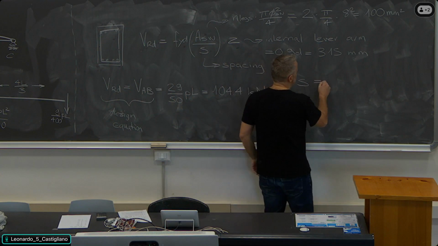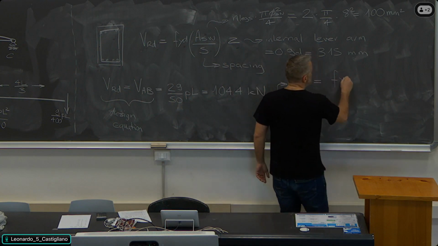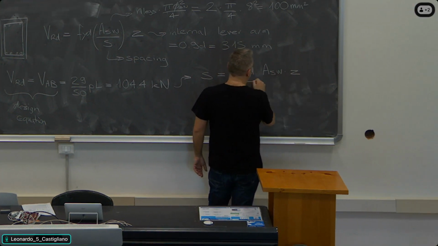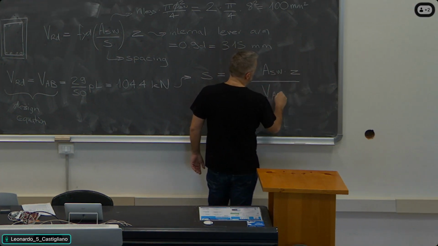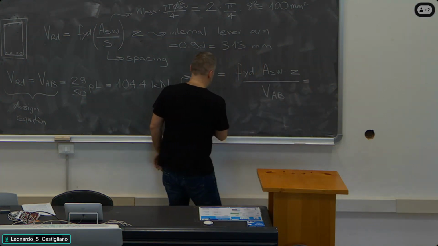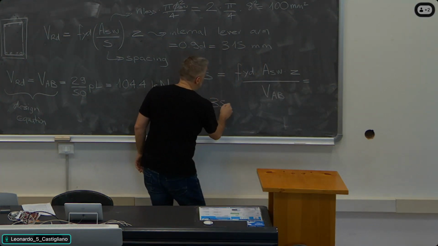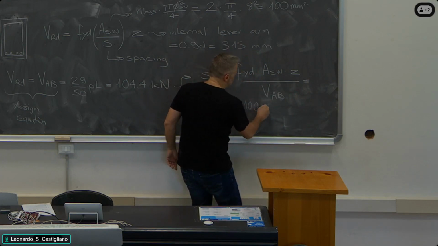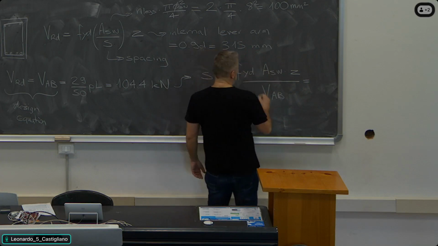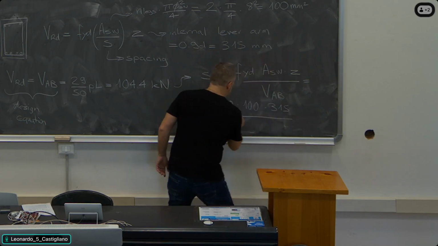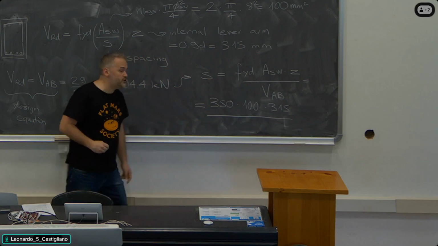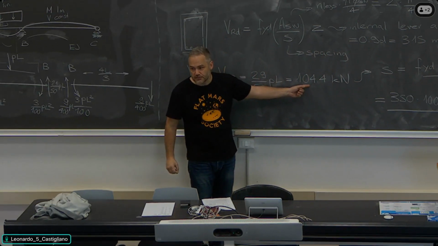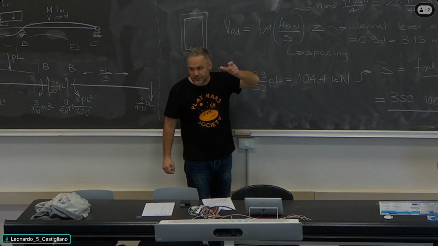So S is equal to FYD times ASW times internal lever arm divided by VAB. 350 times ASW in square millimeters, 100, times Z, 315, divided by the shear force, which I calculated in kilonewtons, should become newtons to make the units of measure consistent.